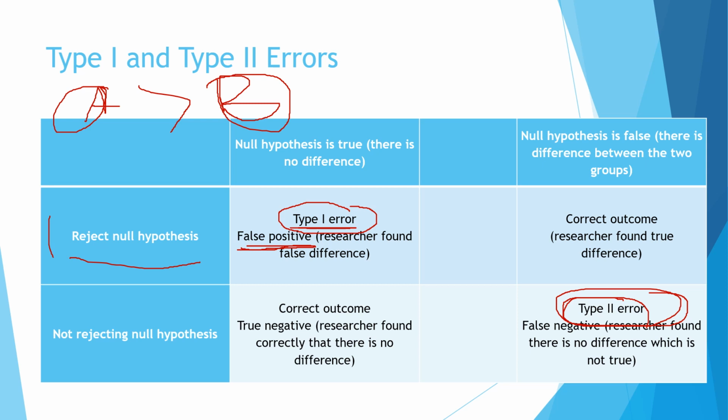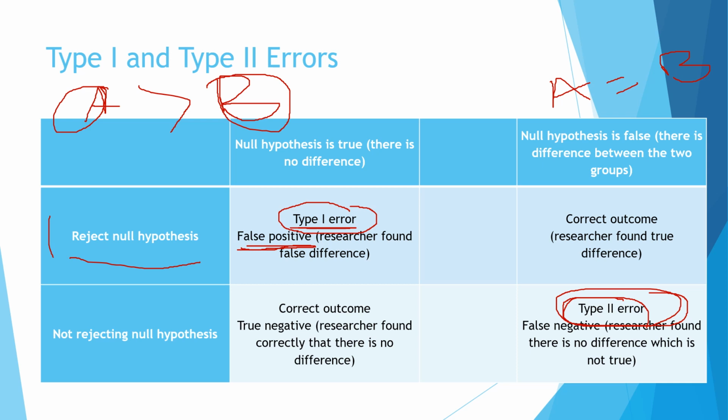So again, in the second scenario, the researchers found A equal to B, which is not correct. Actually, A is better than B. So his hypothesis was A is better than B, and the null hypothesis was A and B are the same. He does the study, he found A and B are the same, which is not correct because actually A is better than B, but his study was done wrong.